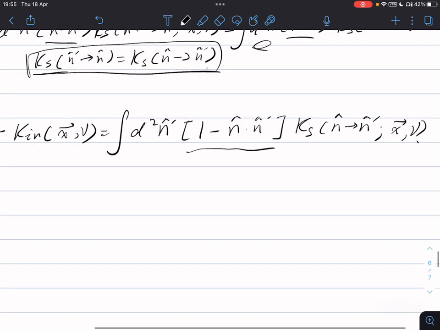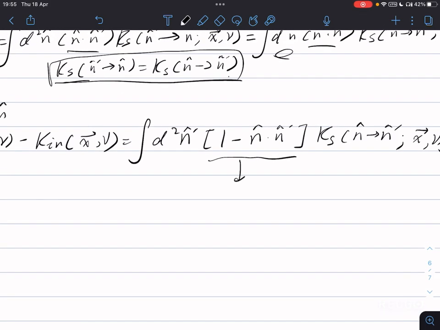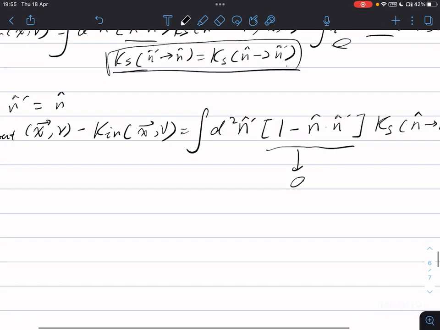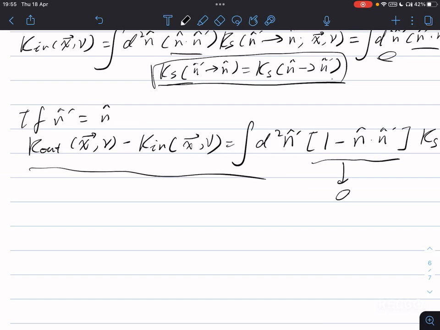If n prime equals n, then this coefficient vanishes, so the whole integral vanishes. This is indeed consistent with our physical interpretation of the scattering process.